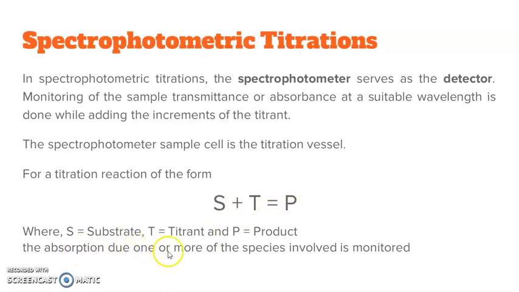The absorption due to one or more of the species involved is monitored. I mean to say, either the absorption of the substrate, the absorption of the titrant, or the absorption of the product is taken into consideration so that the titration endpoint is detected spectroscopically.